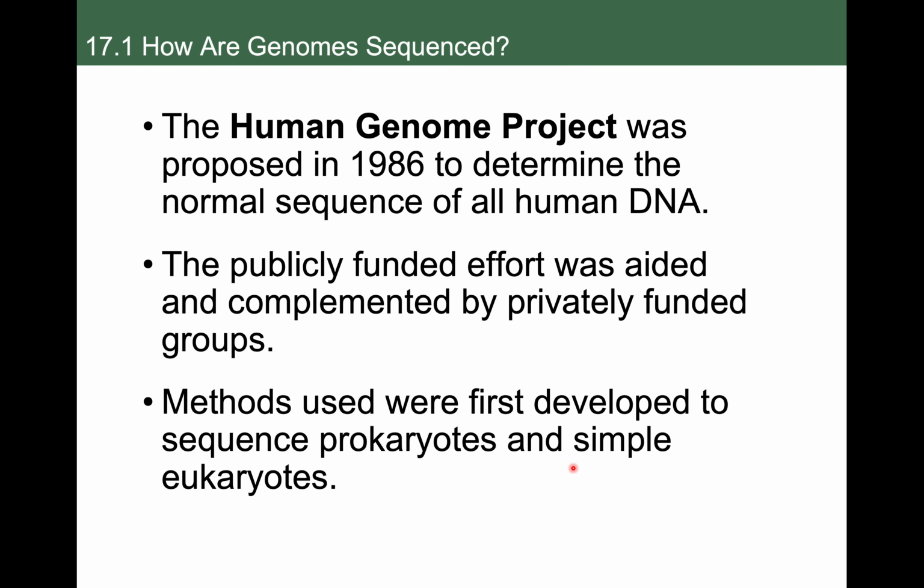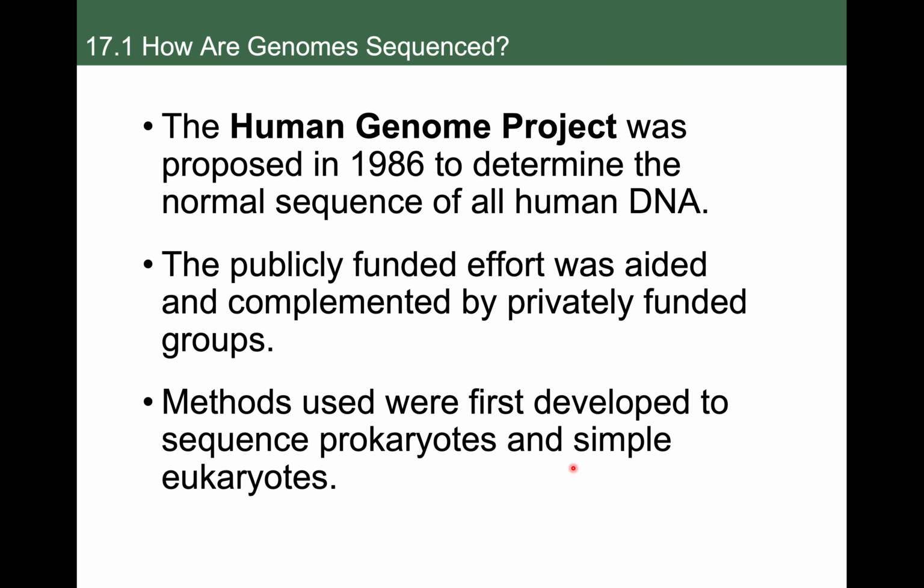And the reason I say you can't talk about genome sequencing without this is because this was such a huge, well-funded effort. It really drove the sequencing technology and our ability to sequence genomes more cheaply and more rapidly. Without the Human Genome Project, none of that would have come to fruition.